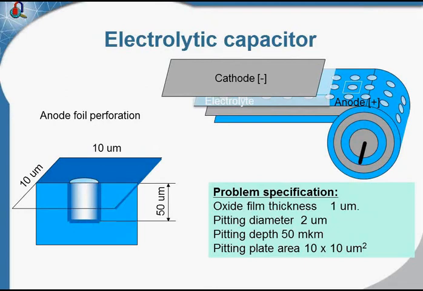The anode foil is perforated to increase the foil surface. So let's simulate this case and calculate how the perforation increases the surface and the capacitance of the foil.